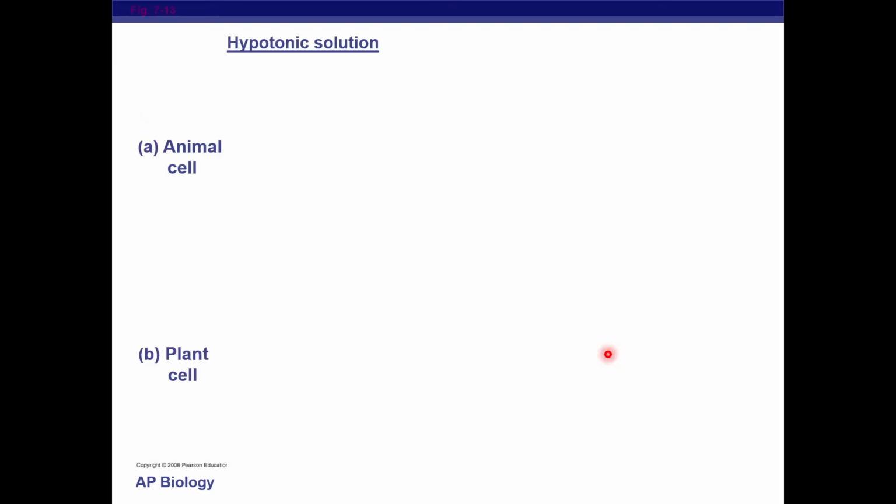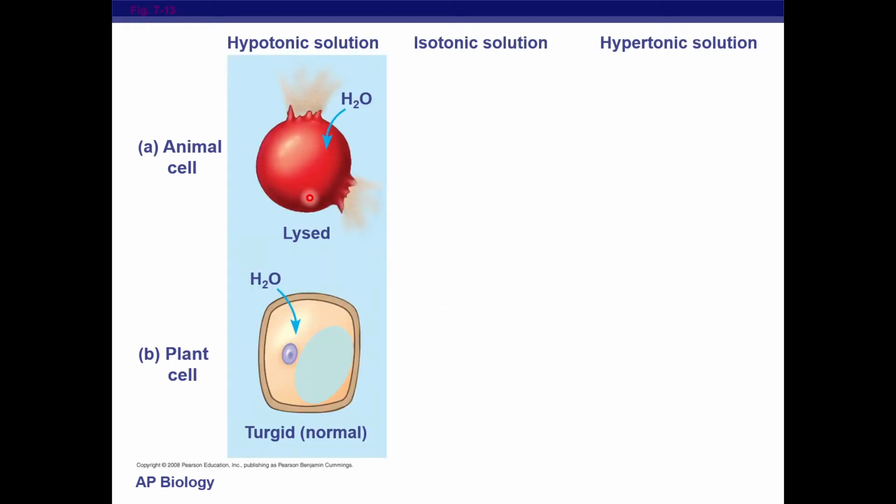These solutions can actually affect cells in real life, and they can have consequences. If I put a red blood cell into a hypotonic solution, the erythrocyte is hypertonic to the solution. The solution is hypotonic to the red blood cell. So I put a red blood cell into pure water.